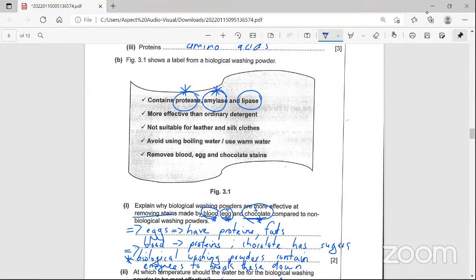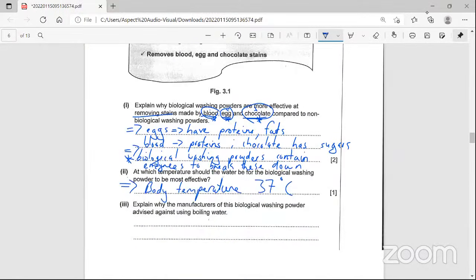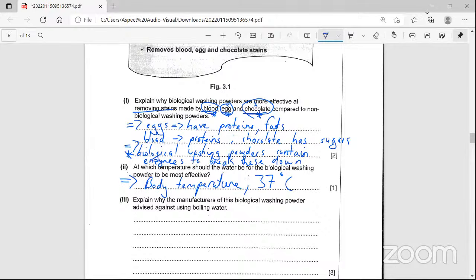So, in the example, optimum body temperature. Body temperature is 37 degrees Celsius.